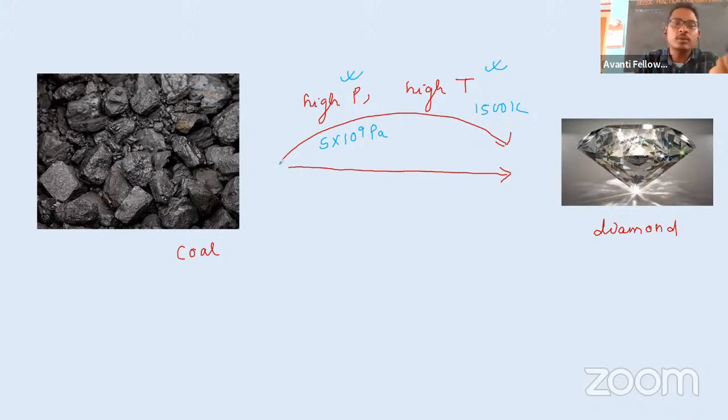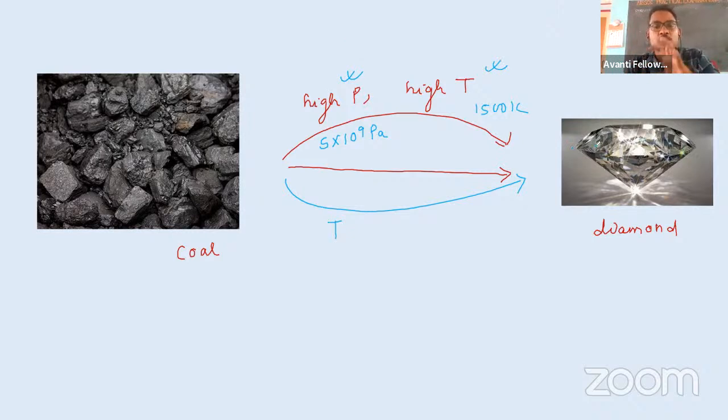In this chapter, we're going to discuss the time it will take for the conversion of a particular thing. We know that to convert coal into diamond, it takes many years. It's a time factor. So we want to study how much time it will take, and the factors which affect that conversion, so that we can alter those factors and have our product.